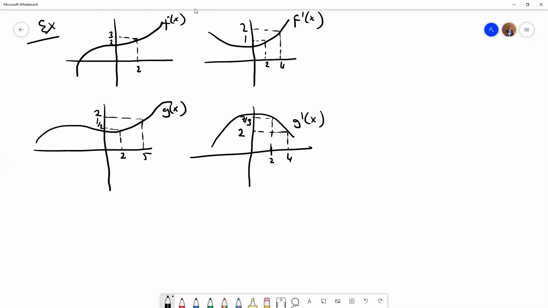The question is, z is equal to f multiplied by g. And the question is again, z prime 2 is equal to question mark.